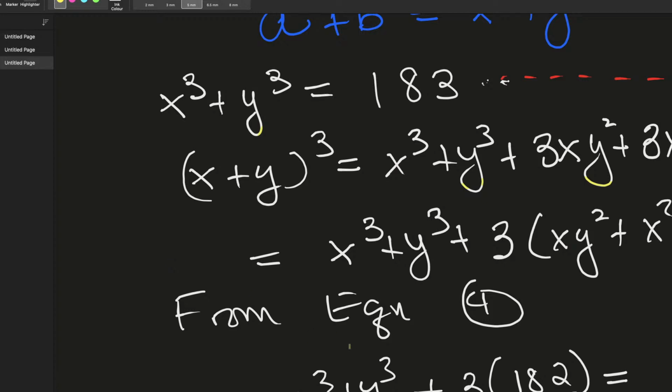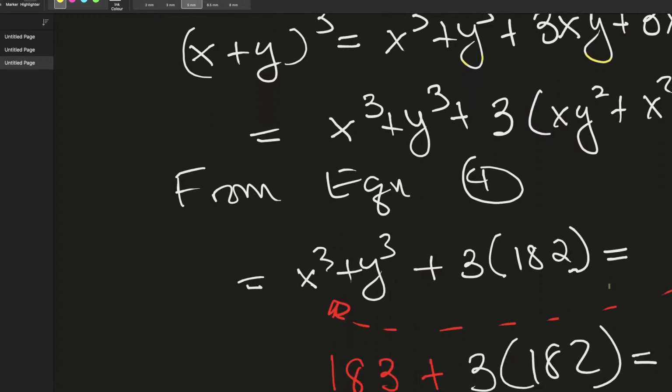So you see, we expanded this, and once again from here we decided to do factorization. Look at the factorization over here. We pull the 3 out of the whole expression, and we know from equation 4 that this whole expression is equal to 182.